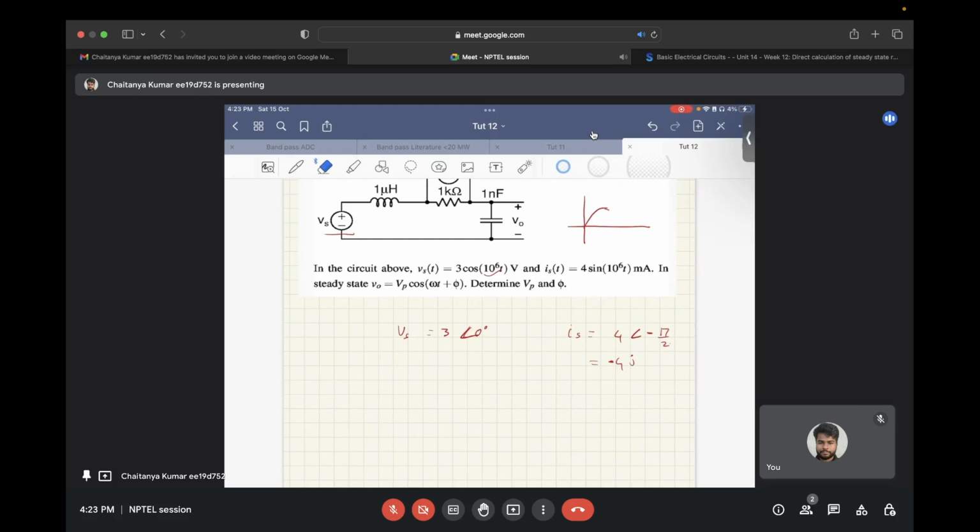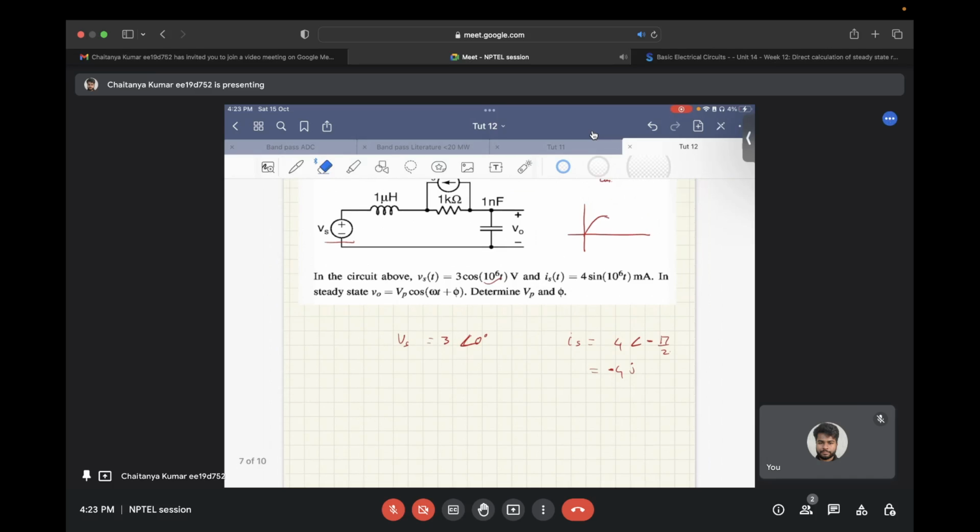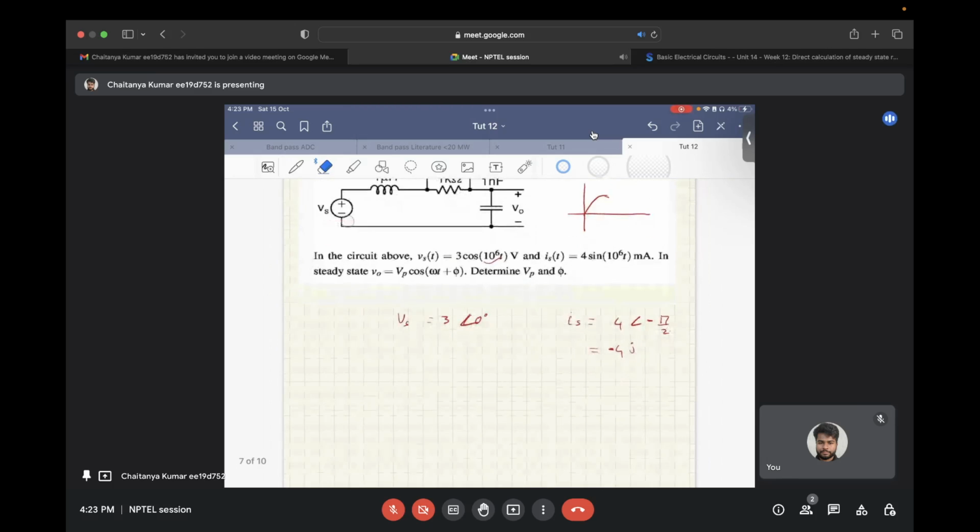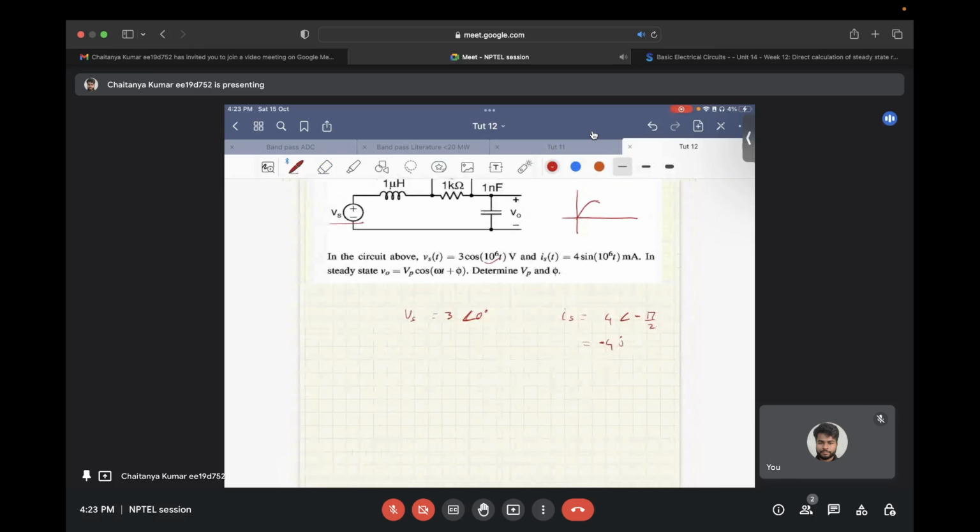We will apply superposition to solve this question. First of all, only due to the Vs, we will try to find the transfer function. Only due to the Vs, we have j omega L, the resistance, and the capacitance impedance, that is 1 upon j omega C.